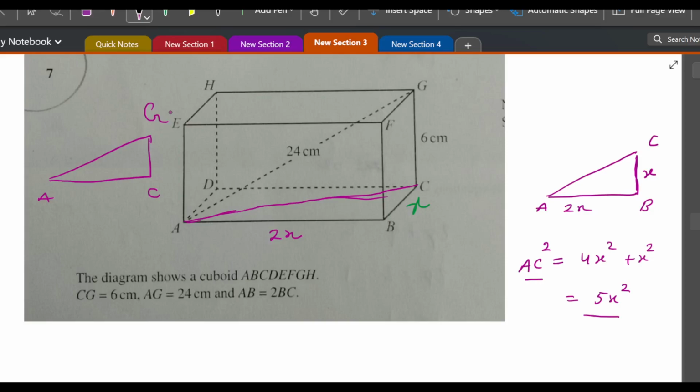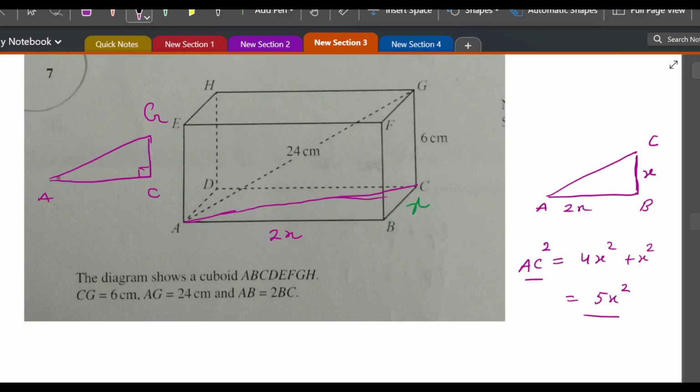You find AC square. For AC, you will just take the square root of this. That will be root 5 times x. Now here in this triangle, at angle C, I am getting 90 degrees.